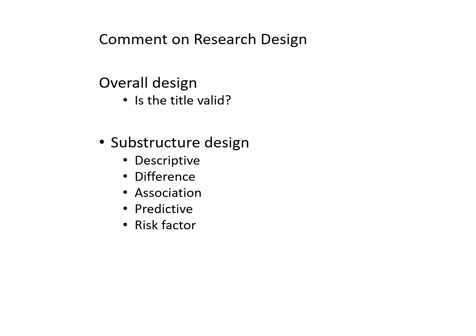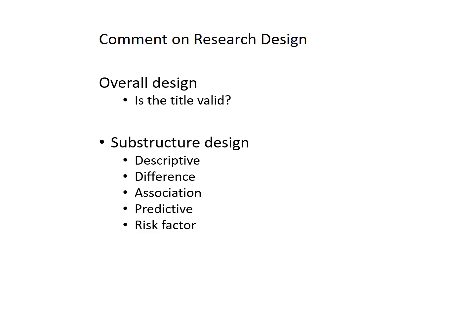The next level of research design, you can design different groups, then try to calculate the predictive factor. You can predict if they fall in this category, in the future they might develop some alterations.